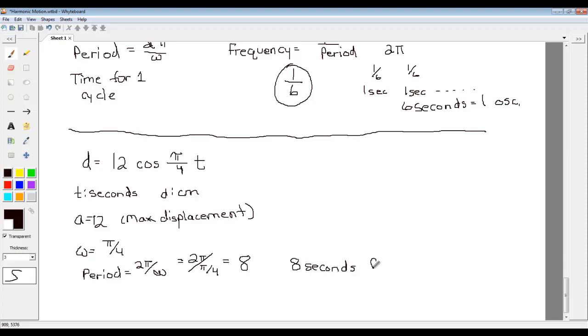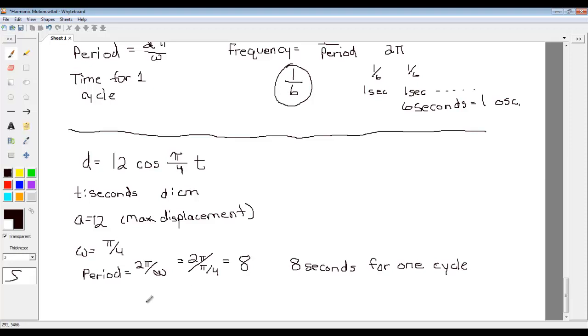Like if you take a spring and an object on it and you scrunch it up 12 centimeters above resting and then let go, it's going to take 8 seconds for it to drop all the way down to 12 centimeters below equilibrium and then pop back up to 12 centimeters above equilibrium. It takes 8 seconds to do that.